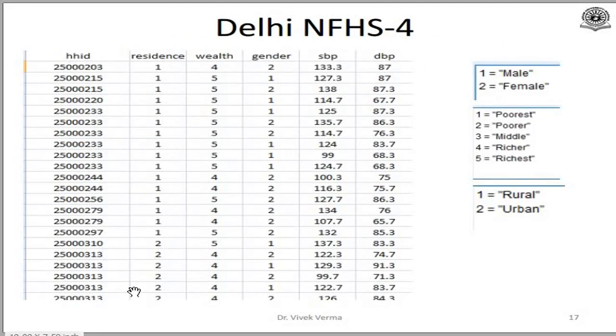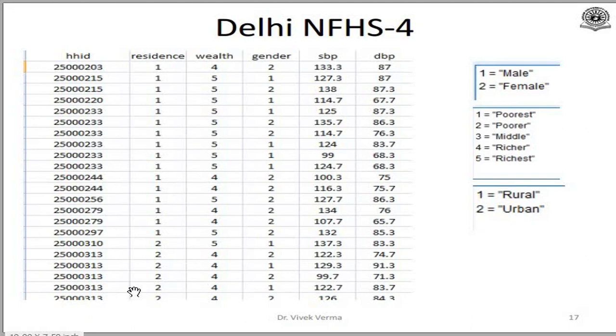In order to demonstrate the feasibility and the evaluation procedure, we have considered the data of the National Family Health Survey 4, conducted in the year 2015-16 for the particular state, Delhi. The variables that I have considered for this presentation are residence, where 1 means rural and 2 means urban.